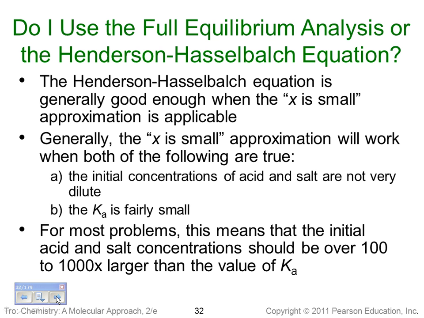So, do I use my full analysis? In other words, do I use the ICE diagram, initial, change, equilibrium, or do I use the Henderson-Hasselbalch equation? Well, if "x is small" works, then usually the Henderson-Hasselbalch equation is a much quicker, shorter route to the desired result.